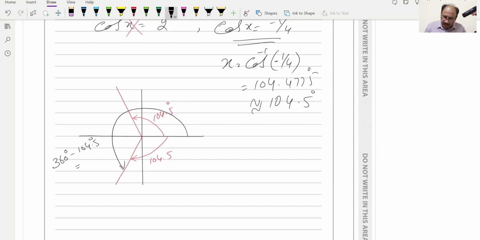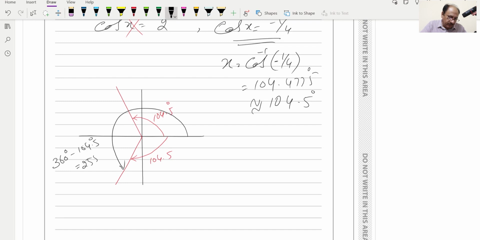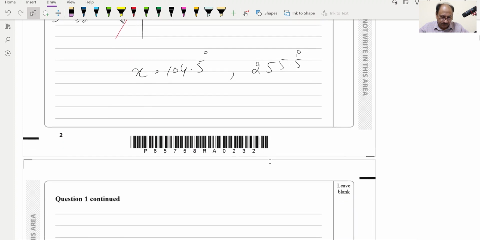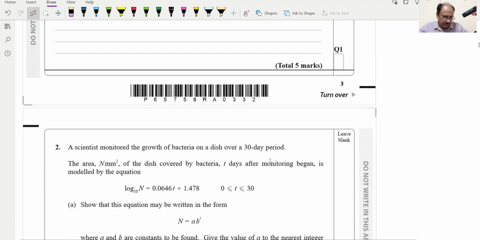So this will be 360 minus answer, which will be equal to 255.5 degrees. So our solutions will be: x is equal to 104.5 degrees, and the second solution will be 255.5, and these will be the only solutions within the range which we are given. Now we can move to question number 2.